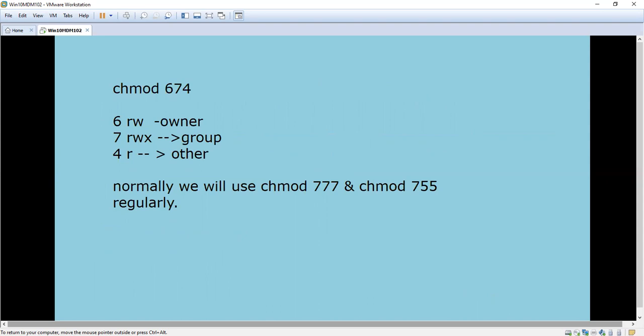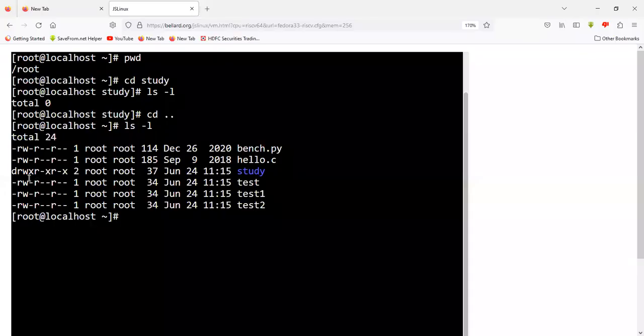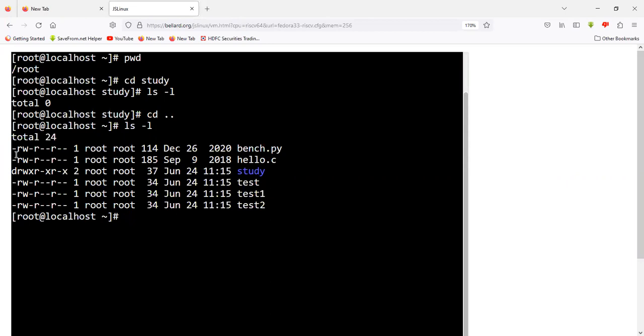6 is for read and write to the owner. Three types of people are there: one is owner, another one is group, another one is others. The first digit stands for the owner, the second part stands for the group, and the third stands for others.